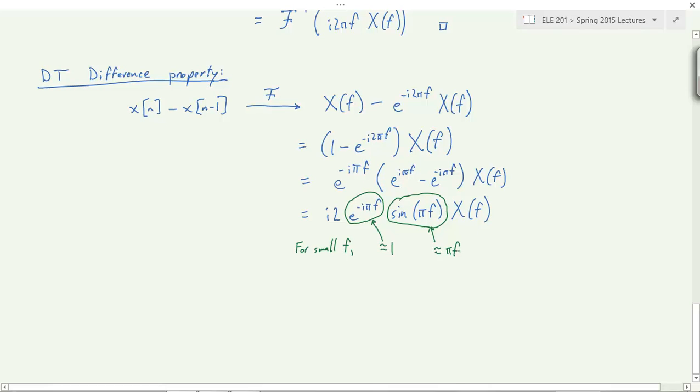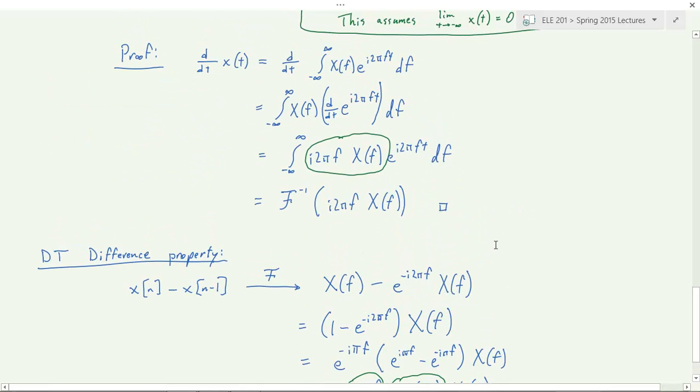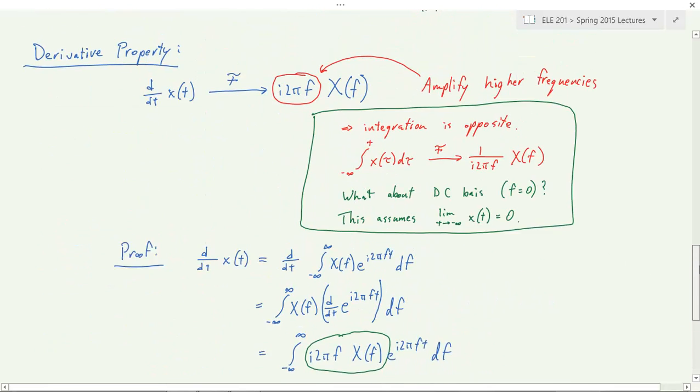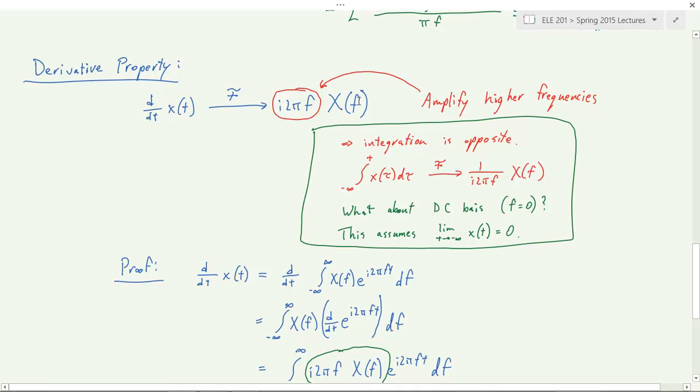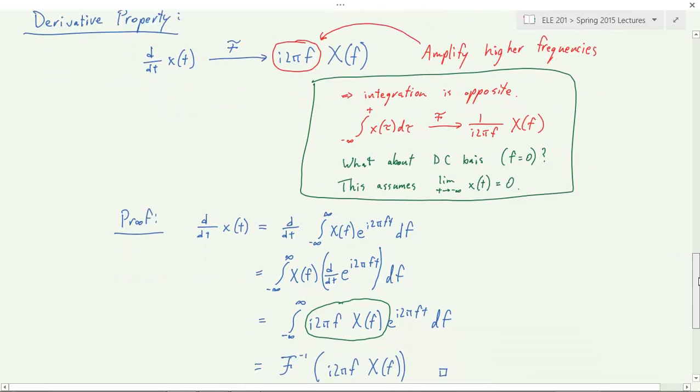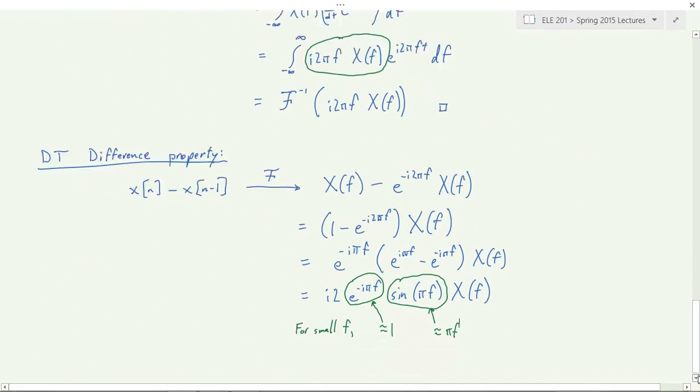So that means that, what do we have? For small f, we have I 2 pi f times x of f. Isn't that exactly our derivative property? I 2 pi f x of f. So for small f, for small frequencies, this is basically the derivative property.